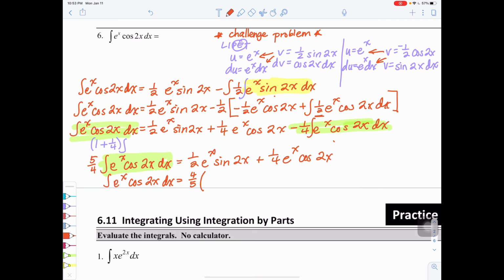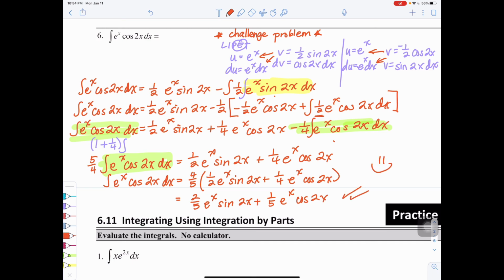And so 1/2 e to the x sine of 2x plus 1/4 e to the x cosine of 2x. And we might as well go ahead and finish this up. That would be equal to 2/5 e to the x sine of 2x plus, it looks like 1/5 e to the x cosine of 2x. And there you have it.